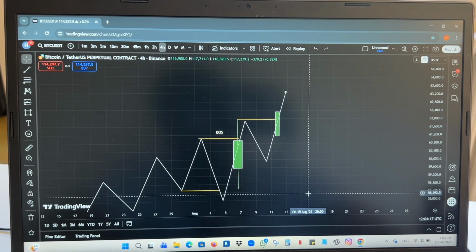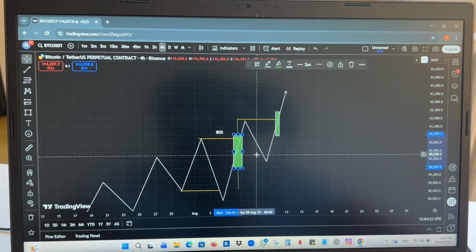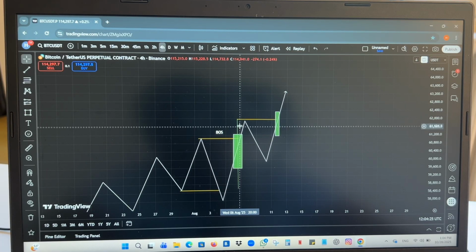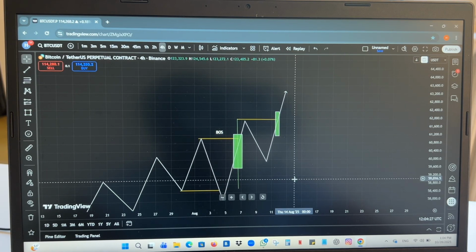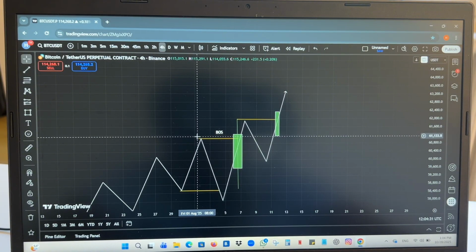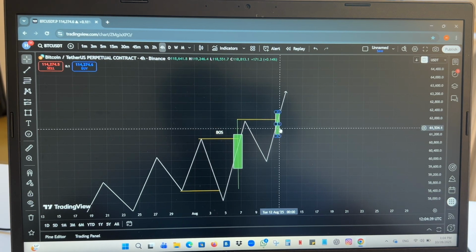Okay, so our life becomes much easier if from here itself it touches a body, because then we don't have to do all this. What we have to do is just mark this as a BOS and then go for these entries. I'll show you how to get into an entry later.